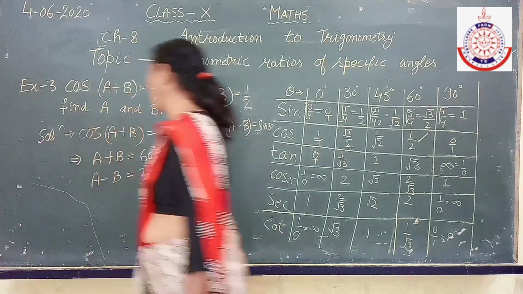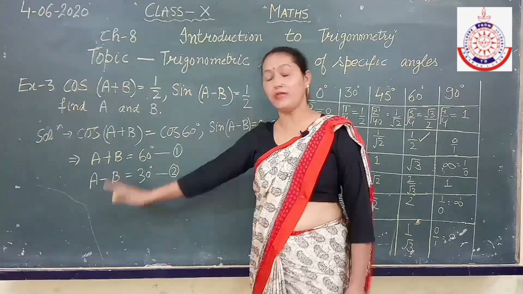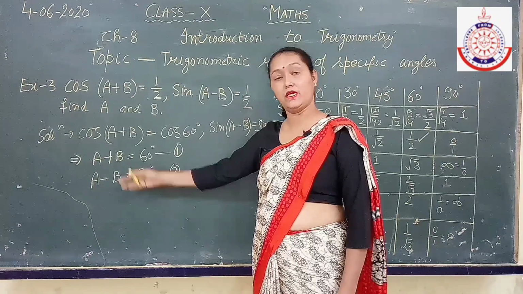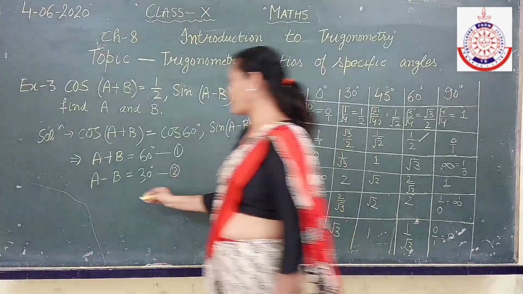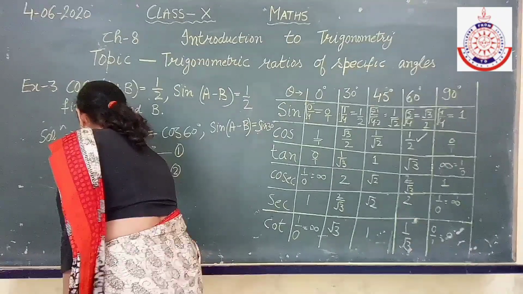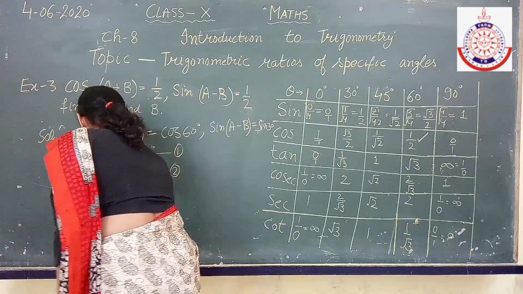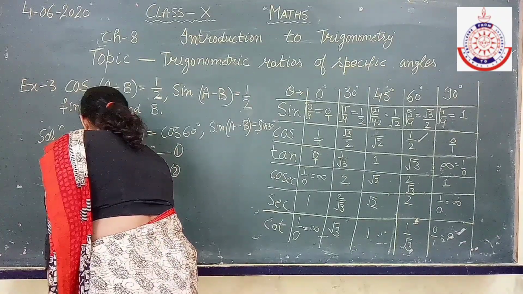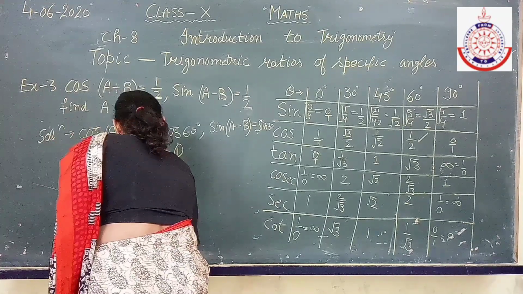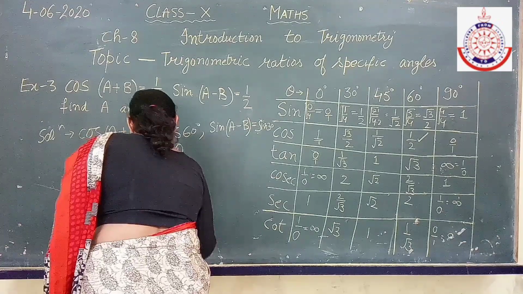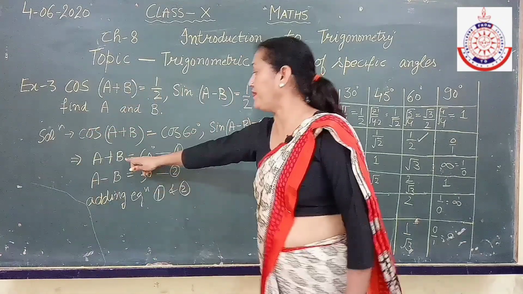Now see, what have we obtained? We have obtained two linear equations. Solving by the elimination method, we will get a and b. So first of all, adding equations 1 and 2, what will happen? b will get cancelled.